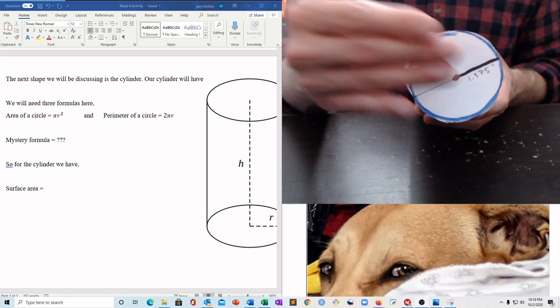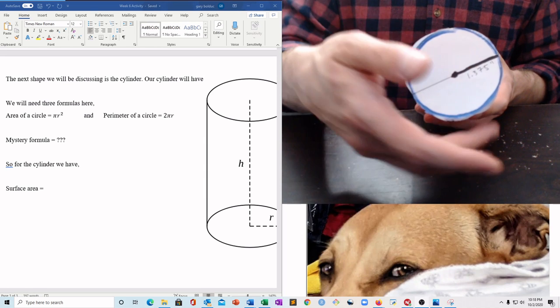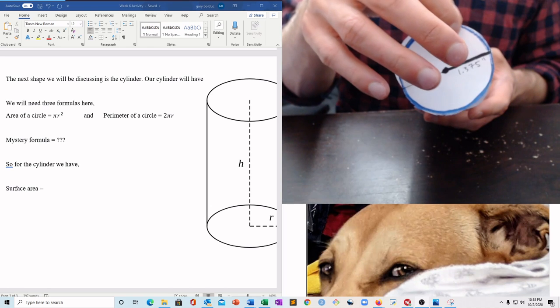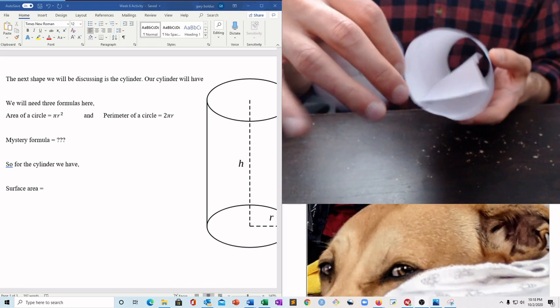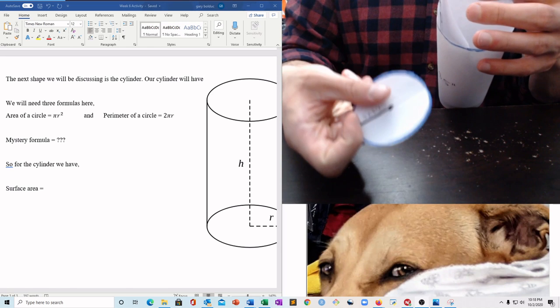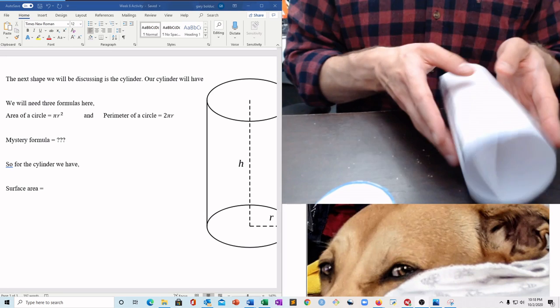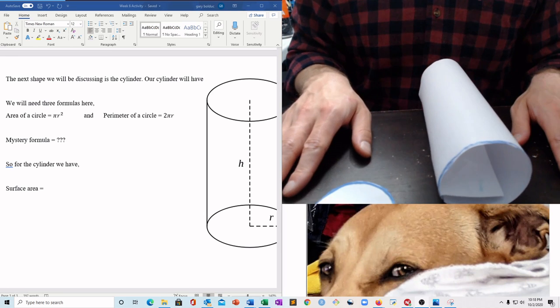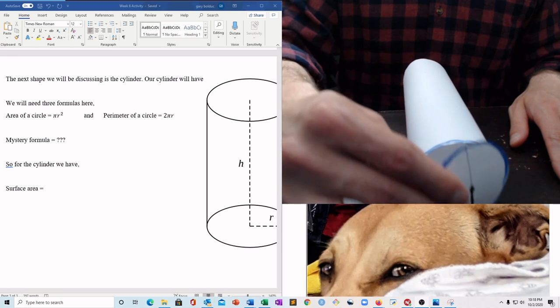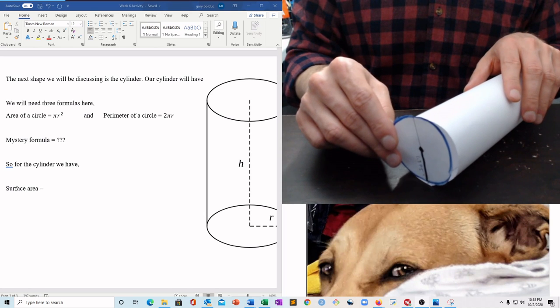But the top, I don't need surface area, I need area because look, the top is just a circle, right? And so all I need is the area of this circle. I can take that off. I know how to find the area of a circle. I'll put that down. Okay, so now I just have this left. Well, it's not just one area of the circle because on the other side there's another circle.